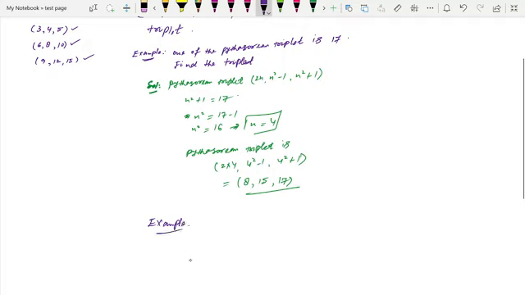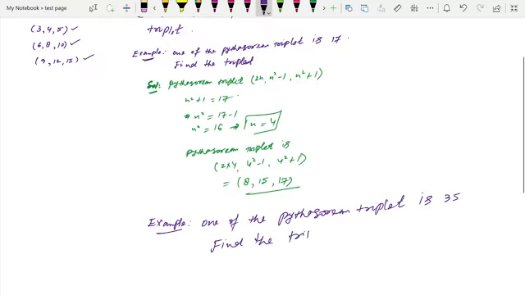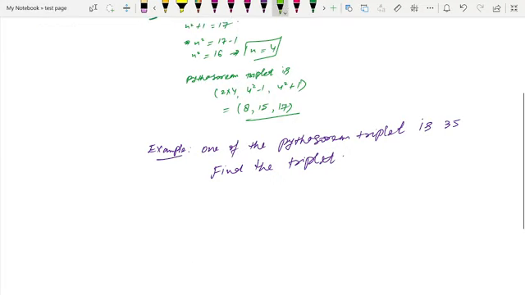Now if one of the Pythagorean triplet elements is 35, find the triplet. Again we have to make the triplet, okay.